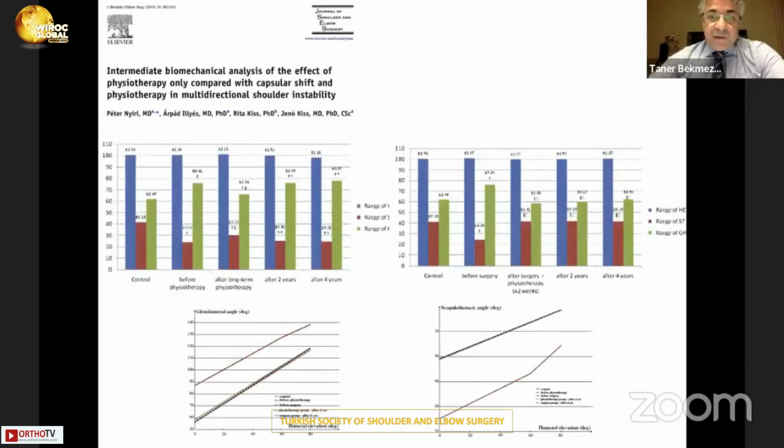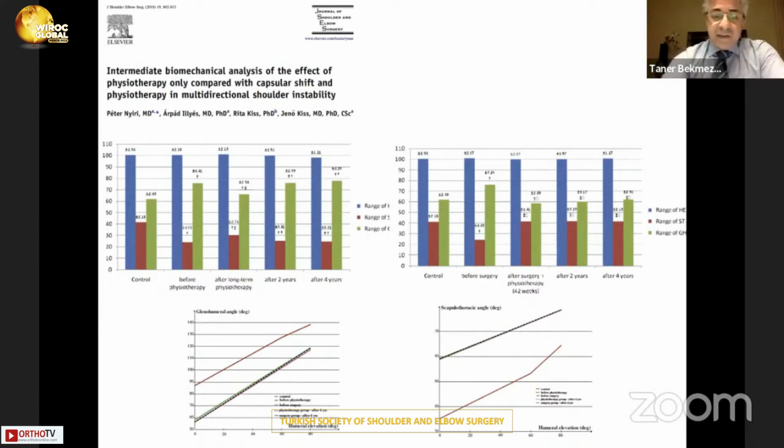As you see, there are two graphs above. The left one is the physical therapy group before, after 2 years and after 4 years, with the control group. And the right side is the surgical group, before surgery, after surgery, and at 2 years and 4 years, compared with the control group.